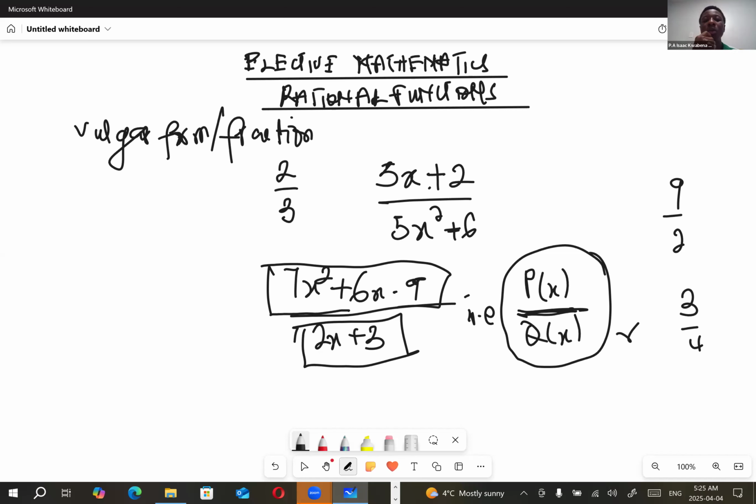Under this topic, we will transition to one heading called partial fractions, and because of that, I would like us to know what proper and improper fractions are. So I just want us to look at two kinds of fractions: proper fractions and improper fractions.